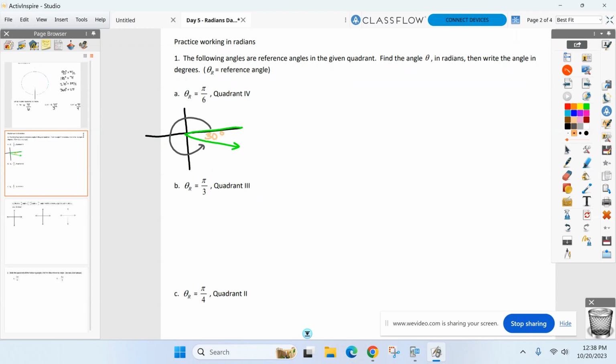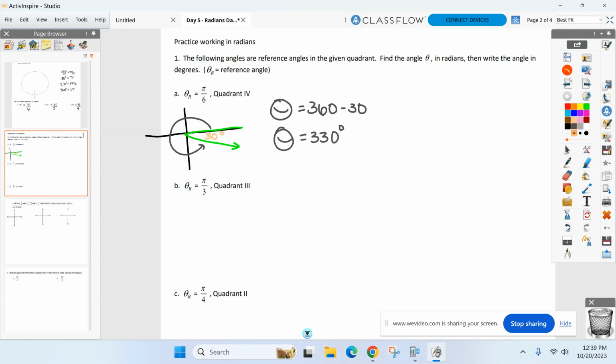We're calling it theta, but don't get confused with the theta from yesterday, it has nothing to do with it. It just means an angle. Thoughts, Gabby? Could you do 360 minus 30? Yeah, I like it. If I went all the way around, it would be 360 minus that reference angle of 30. So that angle is going to be 330. Good job.